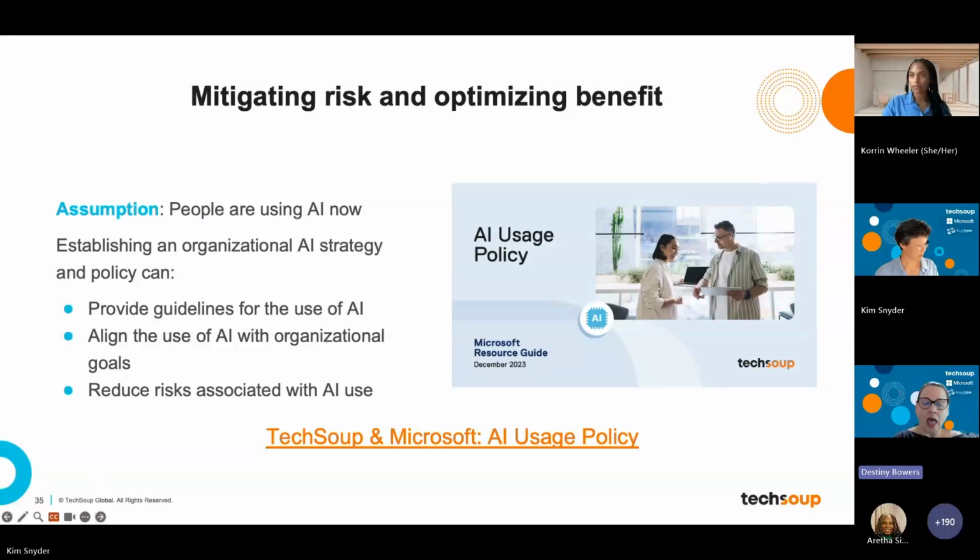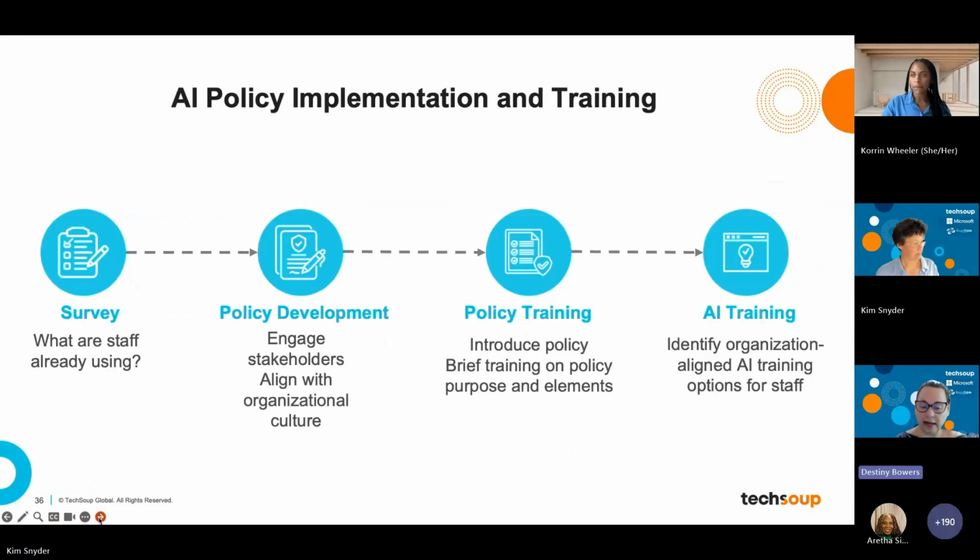And so when you think about what an AI policy would look like, and there is a link here, someone put it in the chat, thank you, for a little bit of a usage policy, it's about thinking about what the implementation of this would look like, finding out a little bit about what your staff is currently using and what they are using it for, so you can get an idea of some of the real-life use cases. Then make that determination of whether this is acceptable use for our organization or not, or other circumstances depending. That helps you guide the policy around that use, around the tools and everything else.